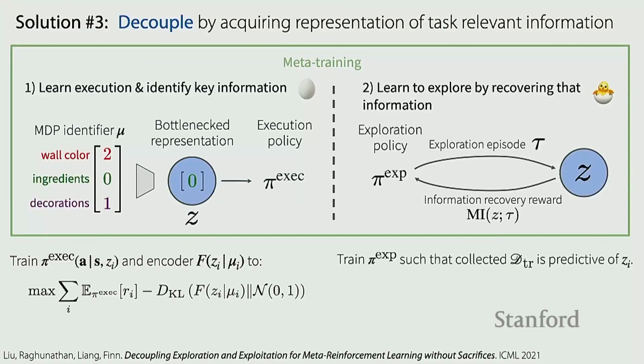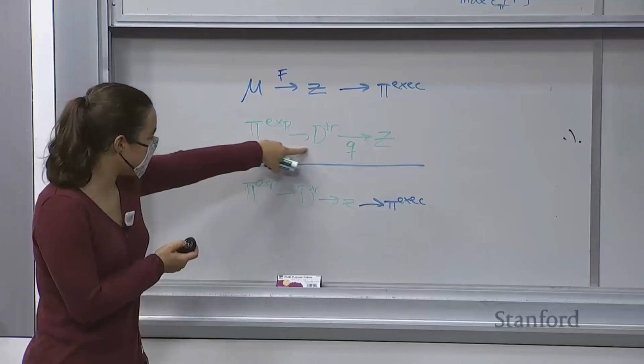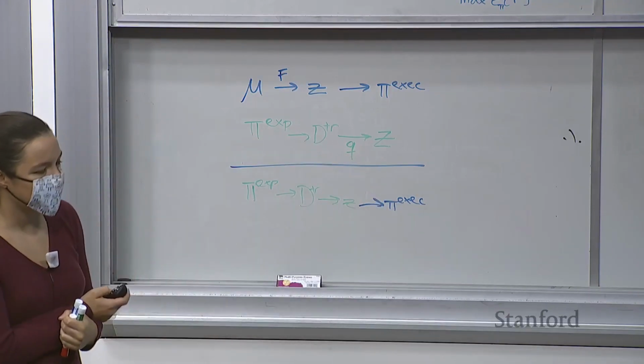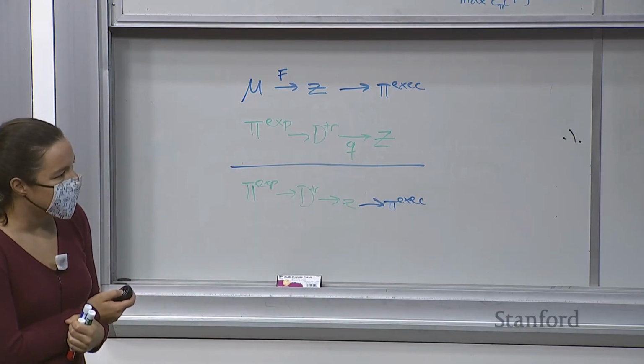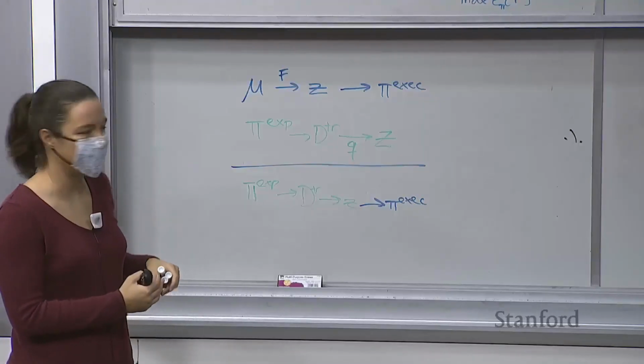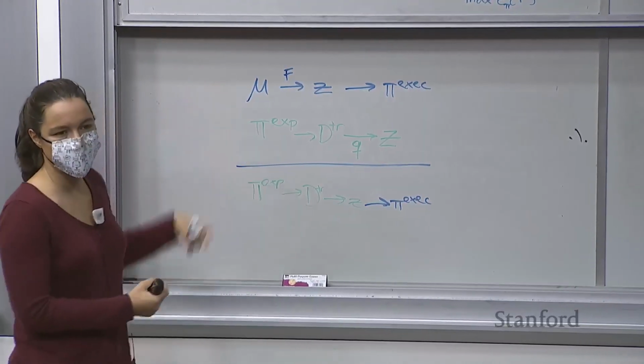And then for the second step, we need to train our exploration policy in order to predict the task representation. While you can do these separately, you can also train them all at once. In practice, it will probably learn the first step before it learns the second step.